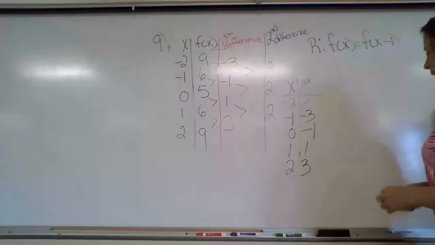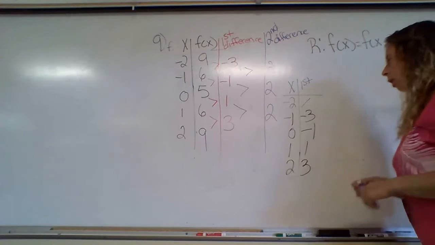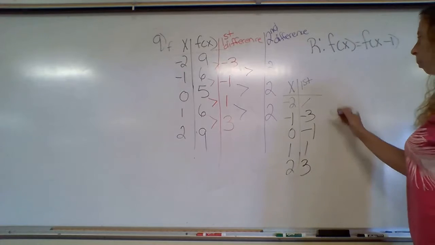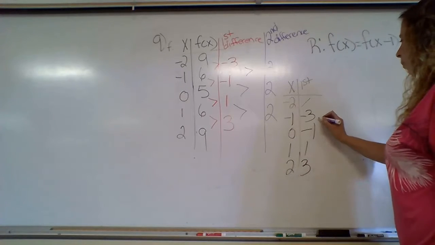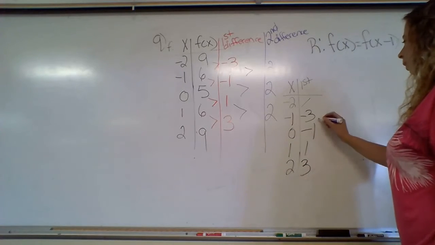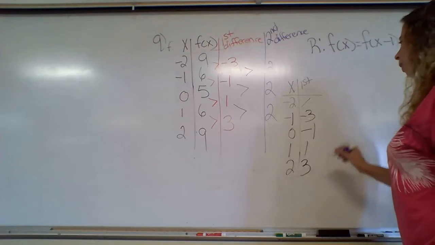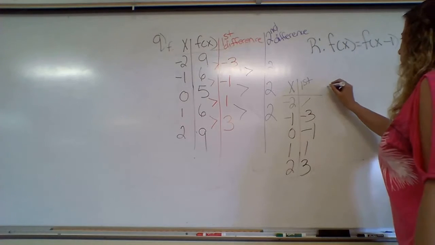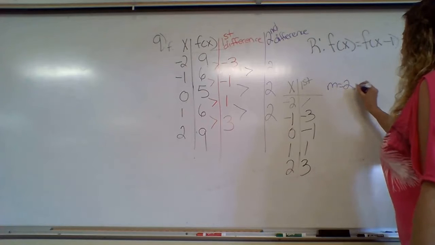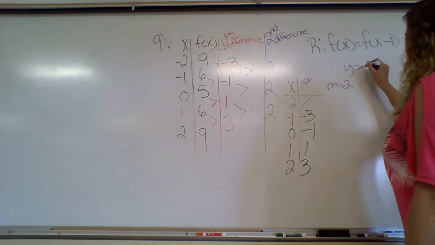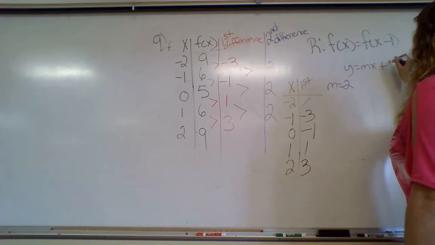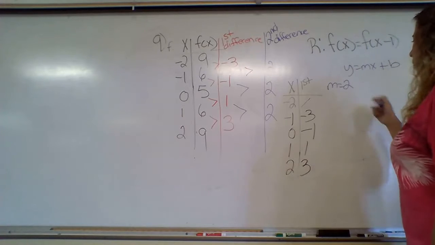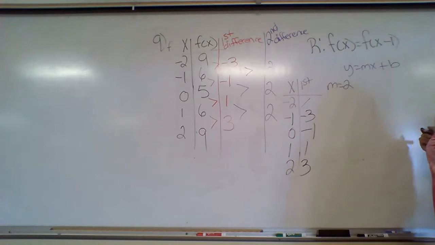So we already said that our second difference is 2. That means the slope of this is 2, right? Our change in y is 2. Our change in x is just 1. So then m equals 2. Remember, now we're writing a y equals. We're writing a linear equation for this. M equals 2. And what's your y-intercept?